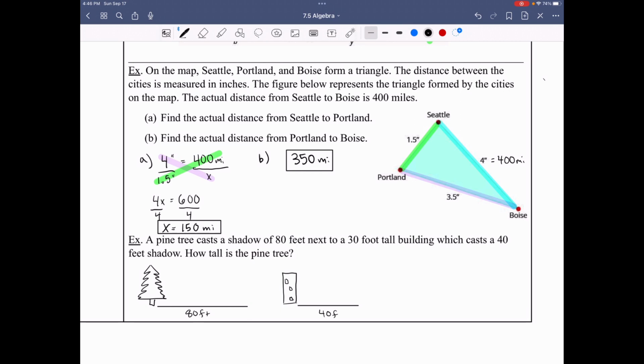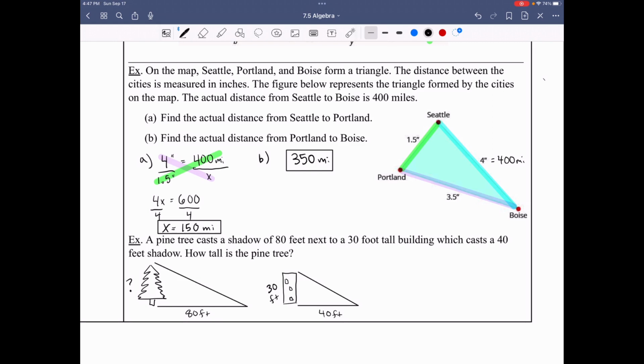I did not draw this to scale, but the building is 30 feet tall, so how tall is the tree? When you take geometry, you will see that this relationship makes a right triangle.